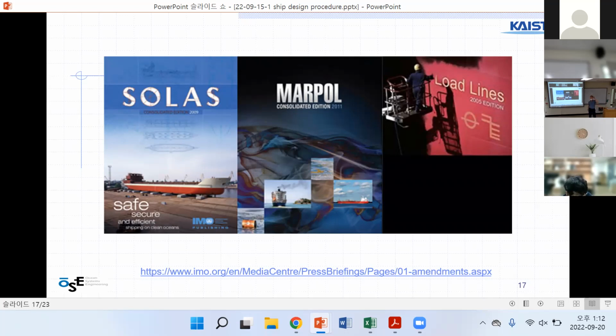Can you remember what a freeboard is? Can somebody answer me? What is freeboard? The line. The line, right. And then the summer line. Freeboard is a line showing how much load the ship can carry without being overloaded.